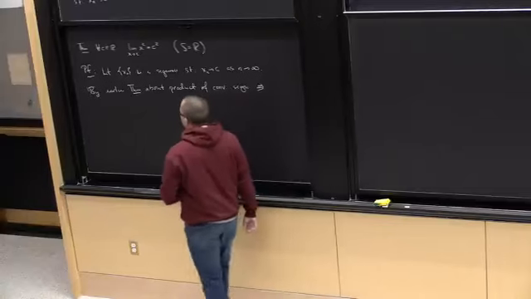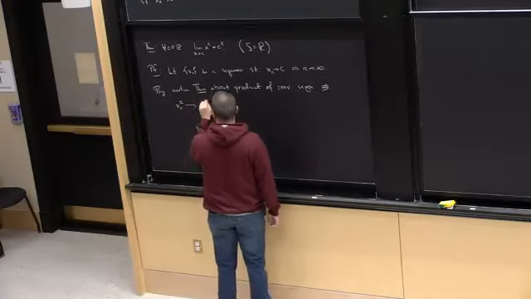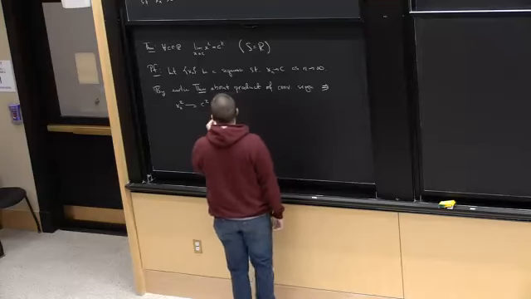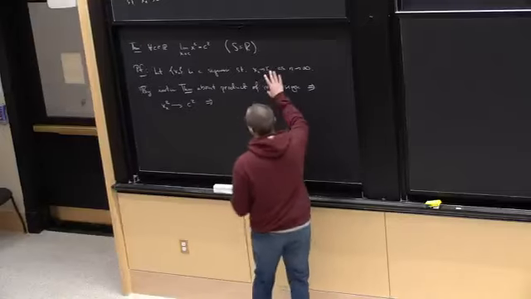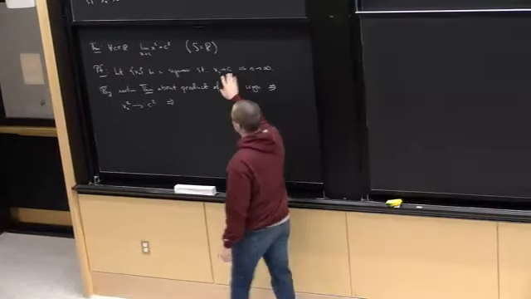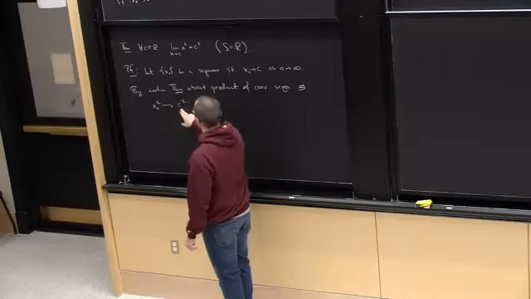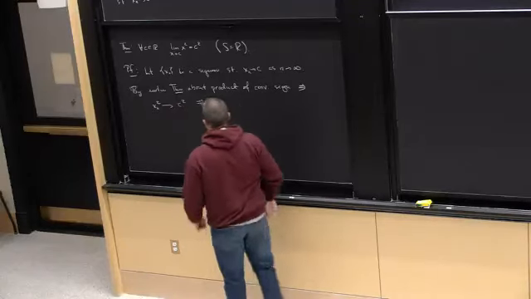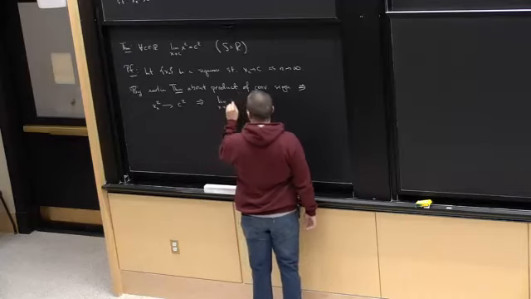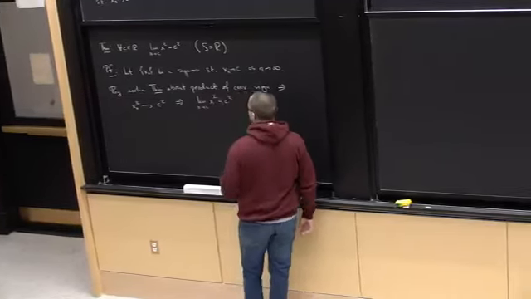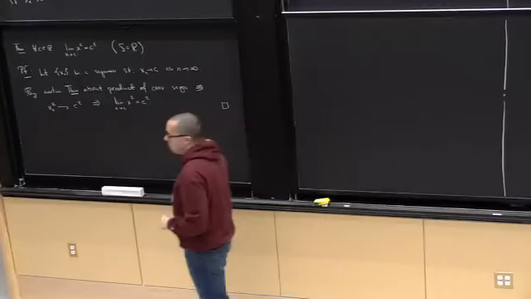We get that x_n squared converges to c squared, which implies, so we've now verified for every sequence converging to c, that f(x_n), meaning x_n squared, converges to c squared, and therefore by the previous theorem, we've proven the claim. Okay?